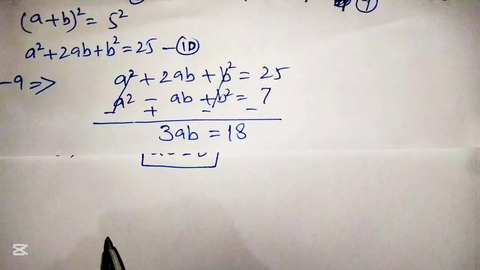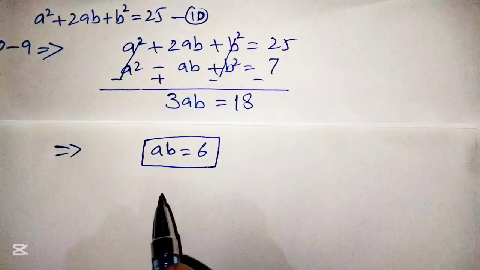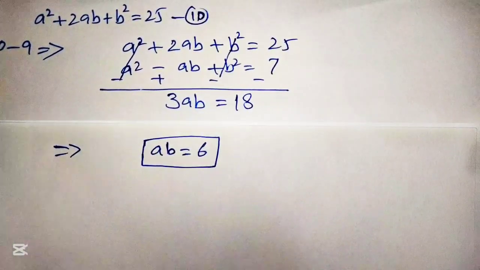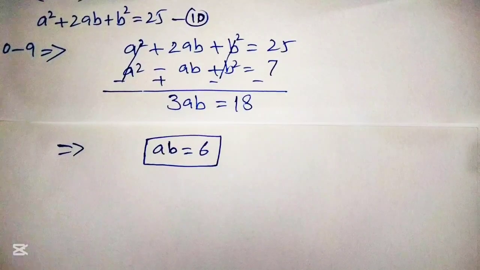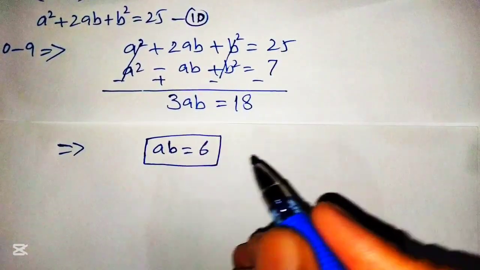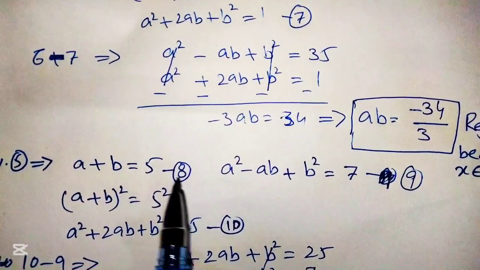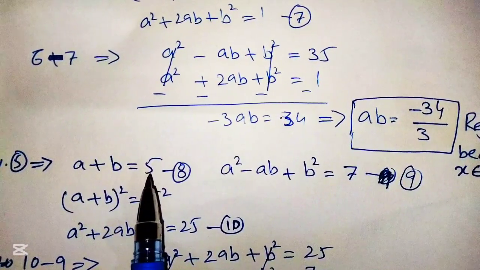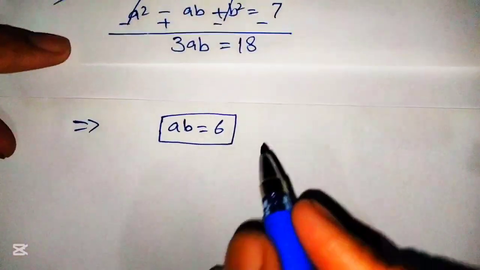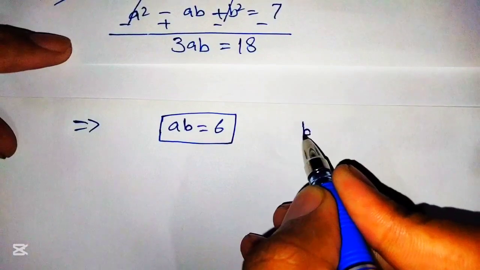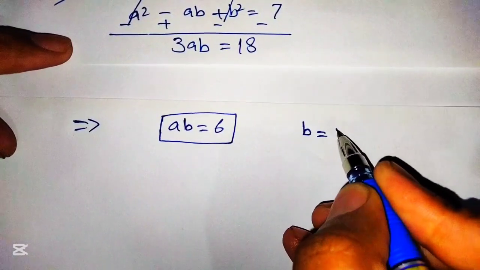Now we will put the value of b from equation number 8, which is given as a plus b is equal to 5. From this we find the value of b, which is b is equal to 5 minus a.